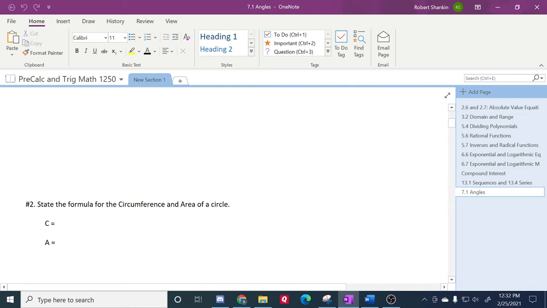Number 2. State the formula for the circumference and area of a circle. So, don't look these up. See if you can remember them.